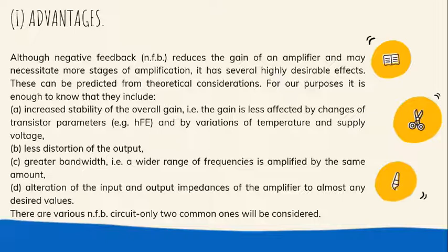For our purpose, it is enough to know that they include: first, increased stability of the overall gain, i.e., the gain is less affected by changes of transistor parameters and by variation of temperature and supply voltage; less distortion of the output; and greater bandwidth, i.e., a wider range of frequencies is amplified by the same amount. And the last one, alteration of the input and output impedance of the amplifier to almost any desired values. There are various NFB circuits, only two common ones will be considered.